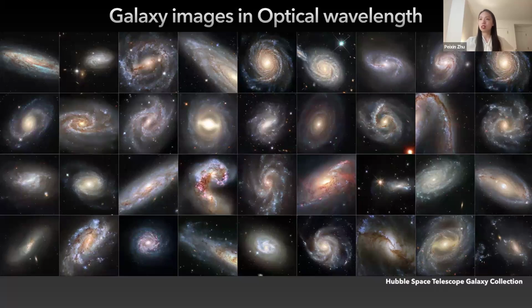So for these galaxies, something special must have happened to them. We want to learn better about what governs galaxy evolution, and that's the goal of all astronomers working on galaxies.